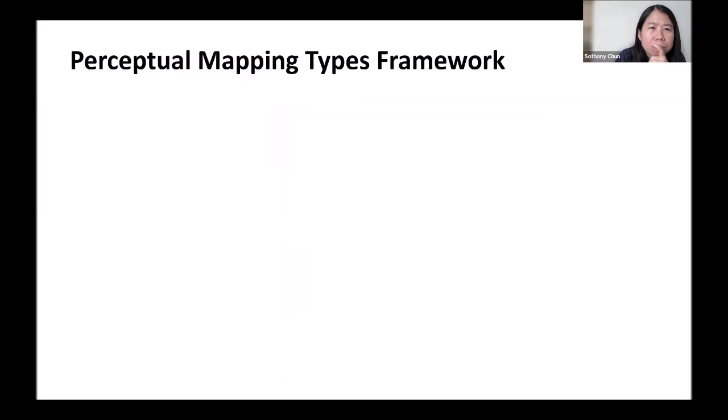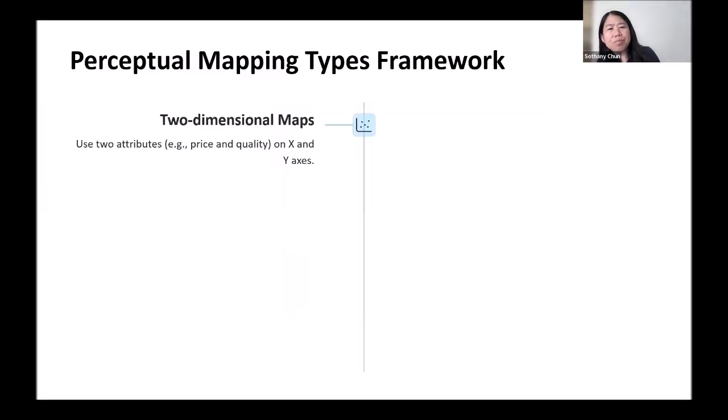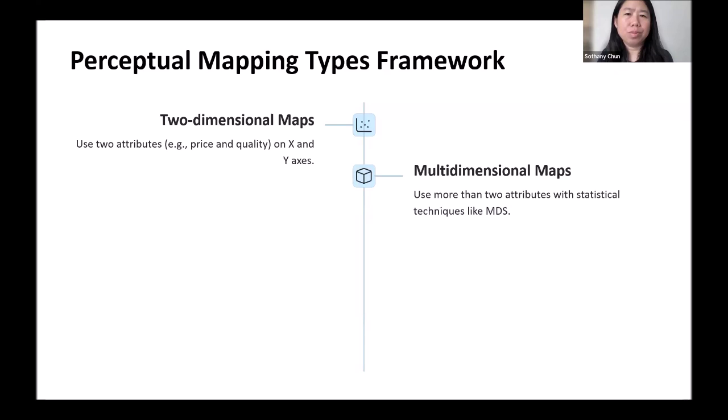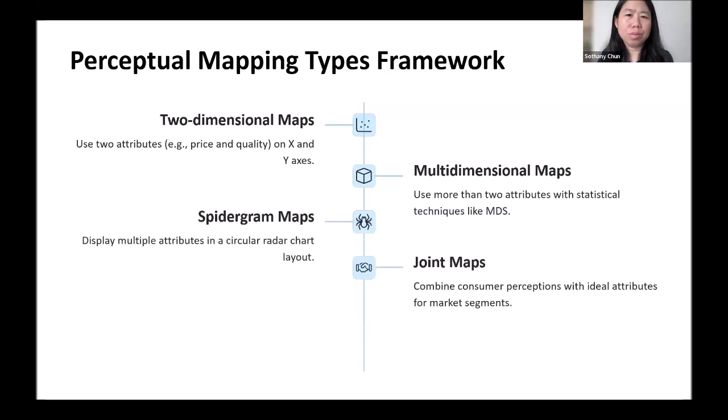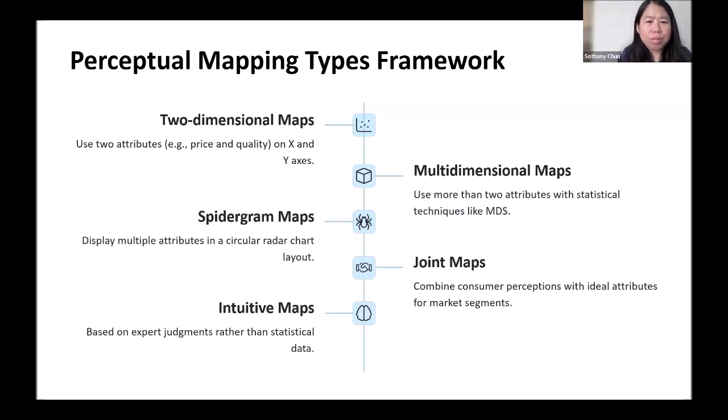Perception mapping. So perception mapping includes 2-dimension mapping, spider mapping, intuitive mapping, multi-dimension mapping and joint mapping. It varies from consultancy to consultancy.